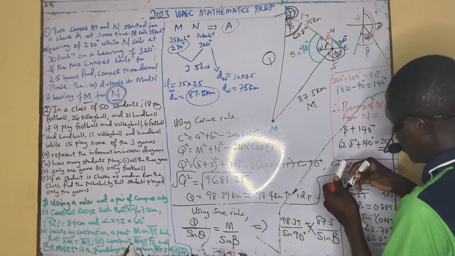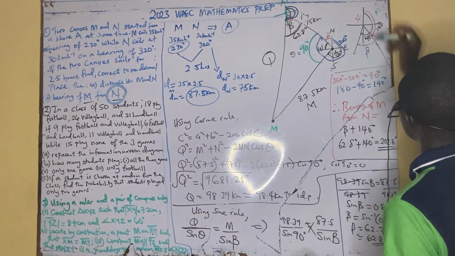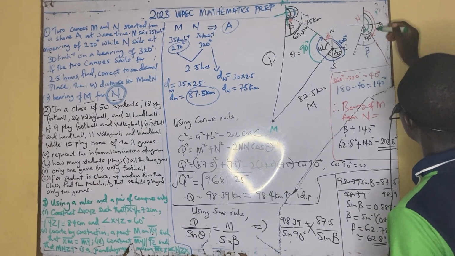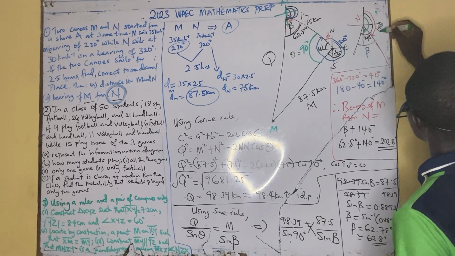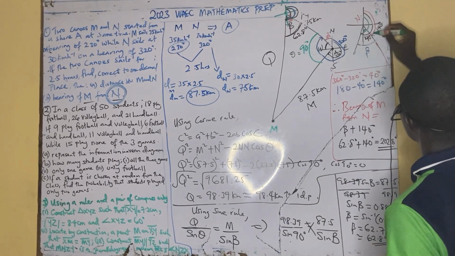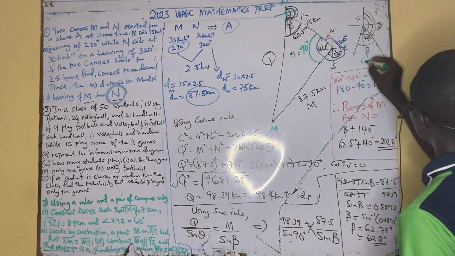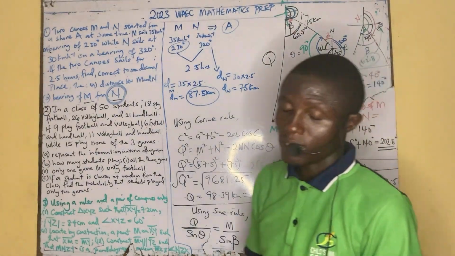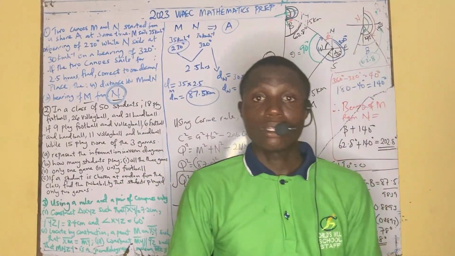Because the angle from here to here is 180. So 180 minus 40 is going to give me 140. So the angle outside here is 140. So 140 plus 62.8, that's how I get 202.8 degrees. So that's that about that. So let's go to the next question.